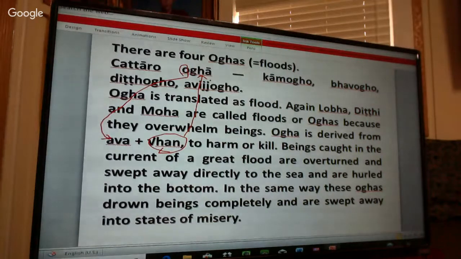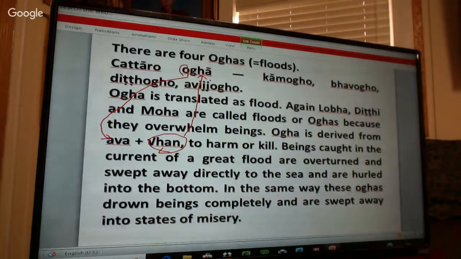Okay, in the same way, these Oghas drown beings completely and sweep them away into the state of misery. Misery means apaya. All living beings are reborn in apaya because of these floods.